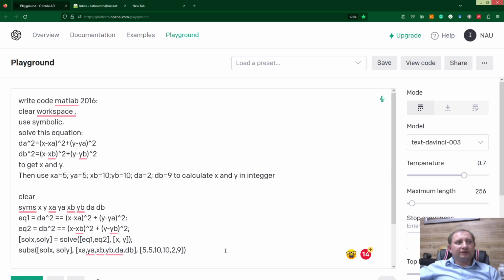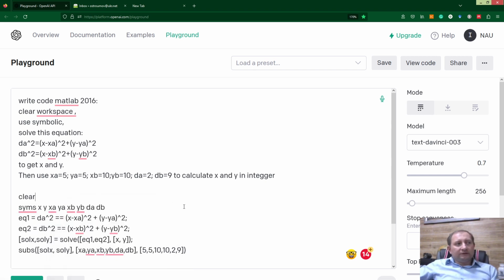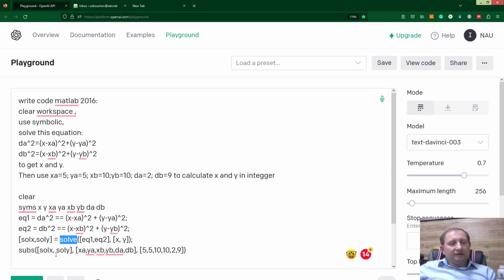And here you can see that everything is packed so cute. Thus, clear as usual, because we asked to clear our workspace. Then we specify all variables as symbolic. Then there are two equations which we ask to solve with the help of the function solve, and we would like to get x and y variables.